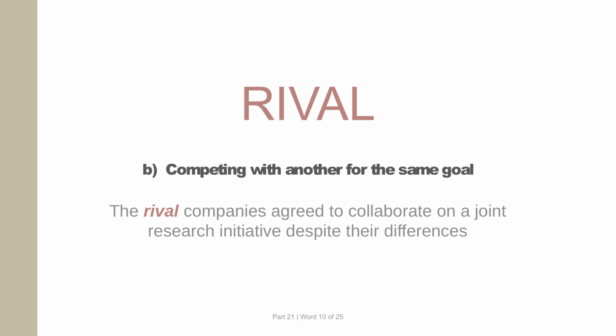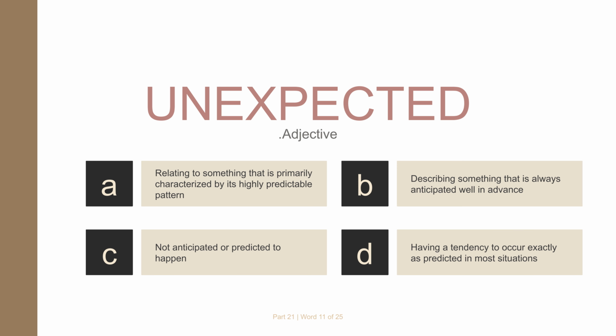Question 11. What is the meaning of unexpected? Option A. Relating to something that is primarily characterized by its highly predictable pattern. Option B. Describing something that is always anticipated well in advance. Option C. Not anticipated or predicted to happen.